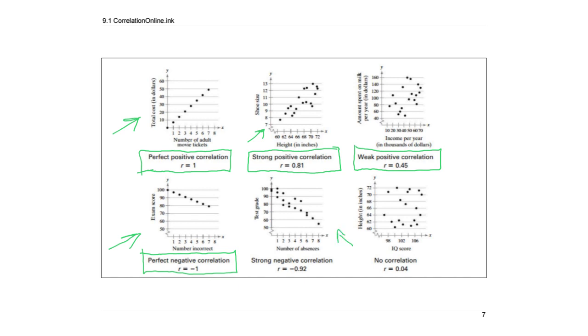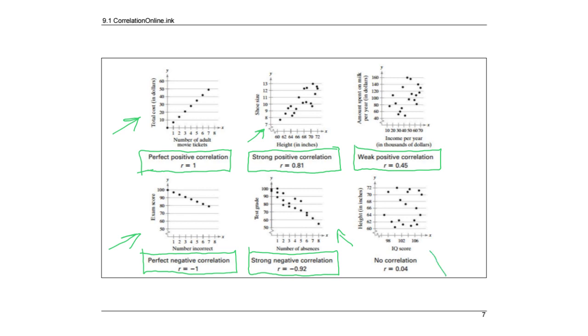There's still some points off of the line, so we're going to say that there's a strong negative correlation. It's still headed downward. This is the number of absences versus the test grade. In other words, the more absences you have, the lower your test grade. And so R is equal to -0.92. Still pretty strong, but not quite 1, so not perfect.